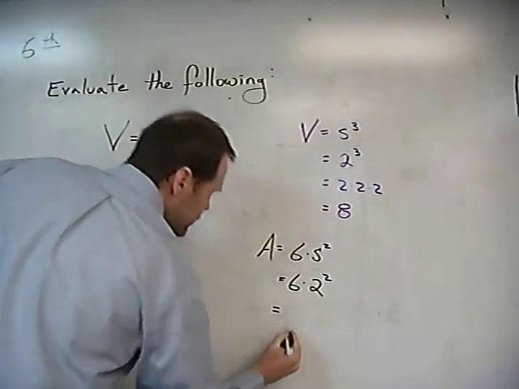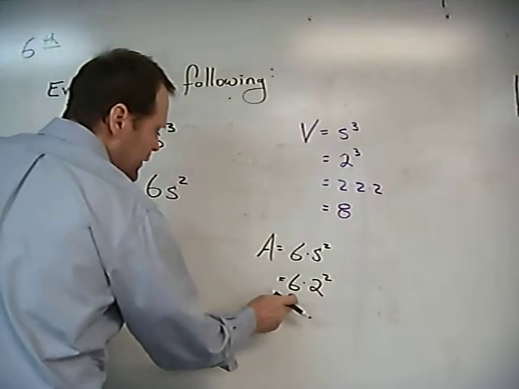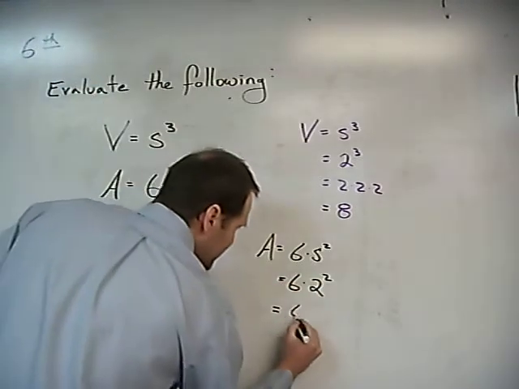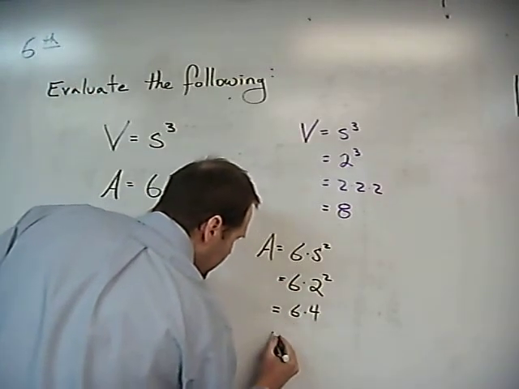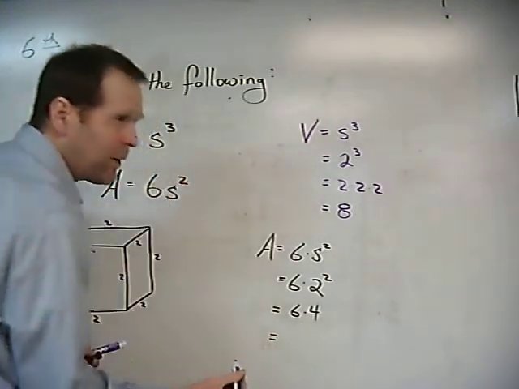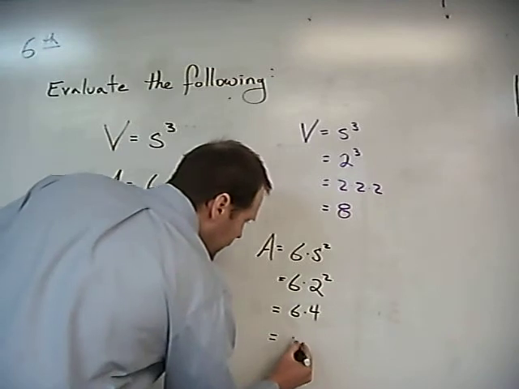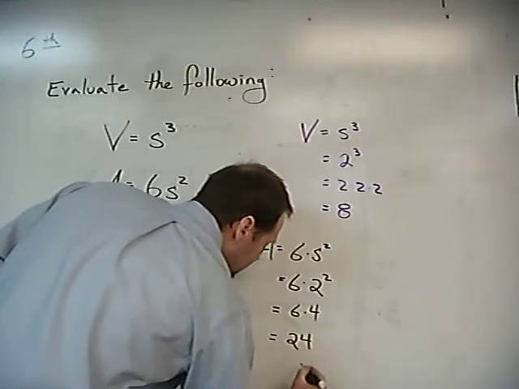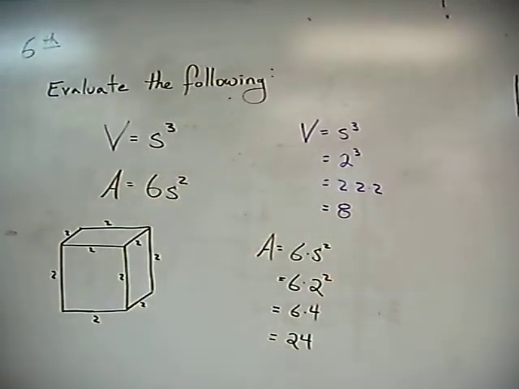We have to do order of operations here: 6 times 2 squared is equal to 6 times 4. You guys will probably remember 6 times 4, probably going to be equal to something like 24.